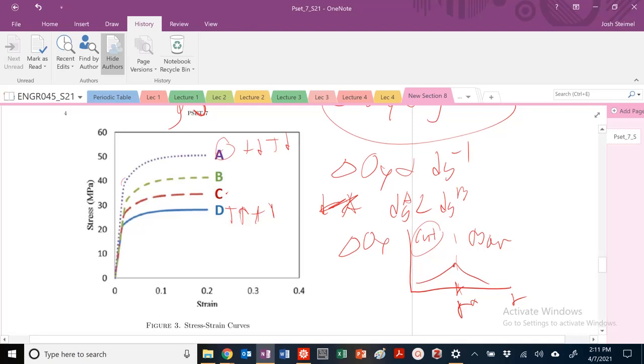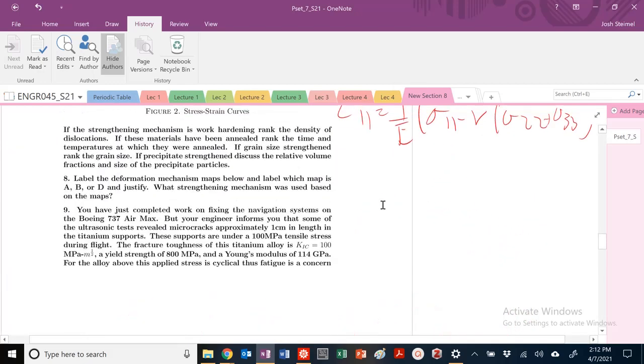So perhaps this is A, and then B and C, and you could rank them any other way. The key thing is if the volume fraction of our particles increases, this shifts to the left. If Vp decreases, it shifts to the right. Excellent.